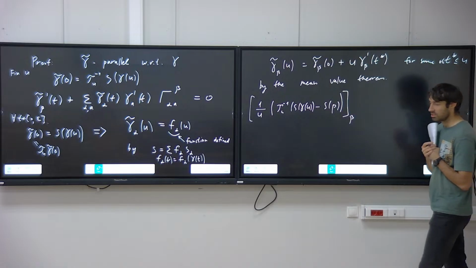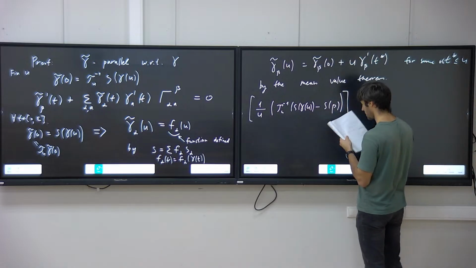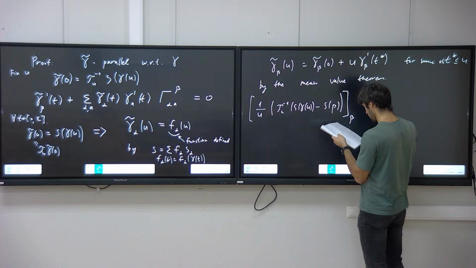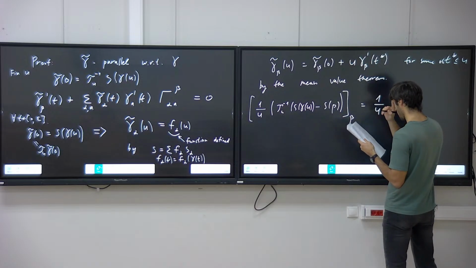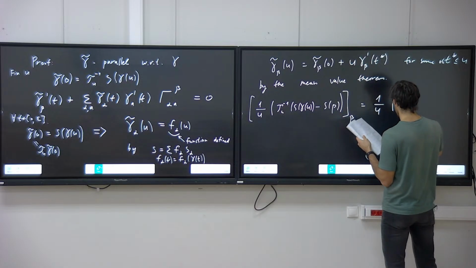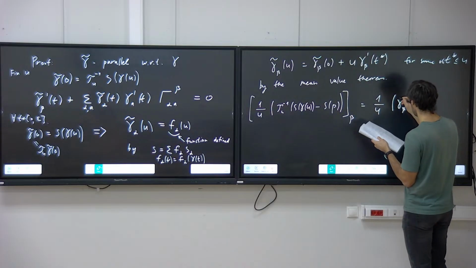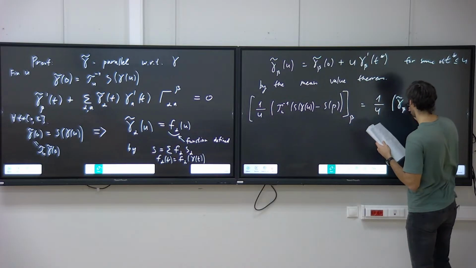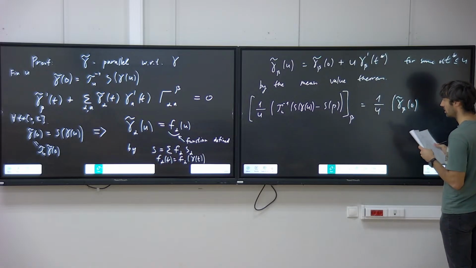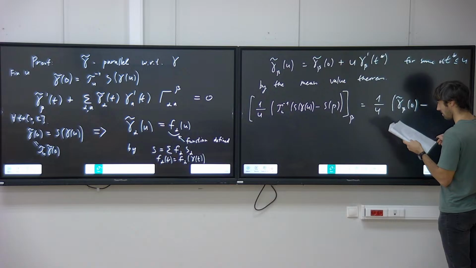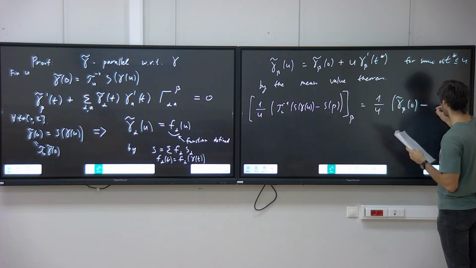When I take the beta component, this will be 1 over u, and then gamma tilde beta of 0, that's just by definition of our gamma tilde, minus f beta of 0.